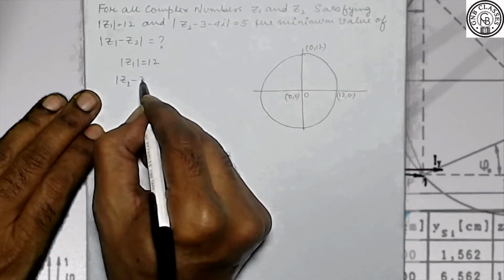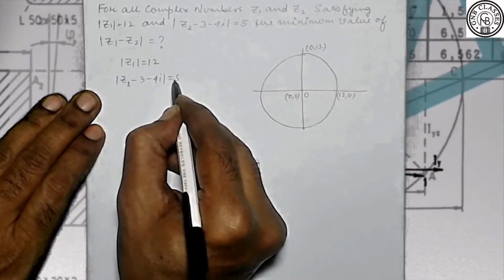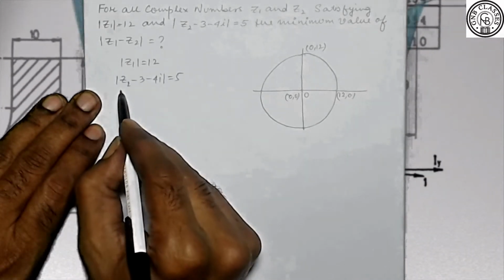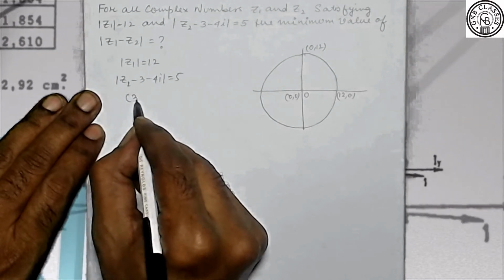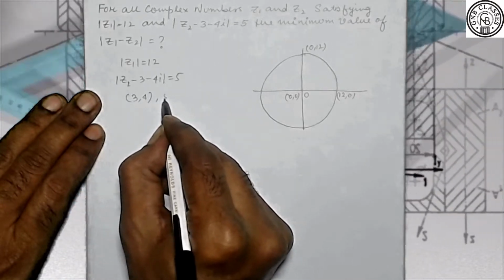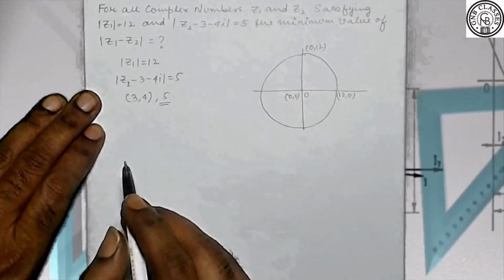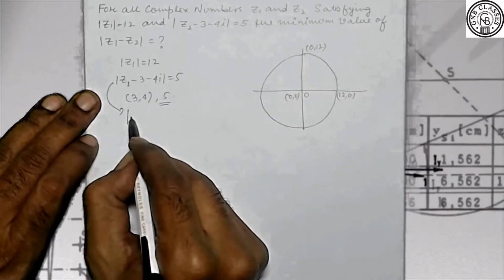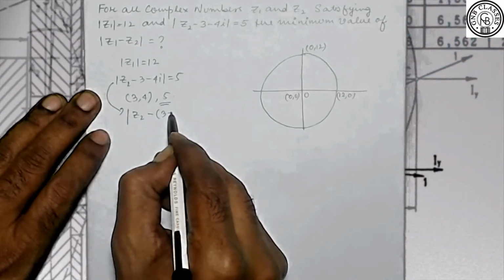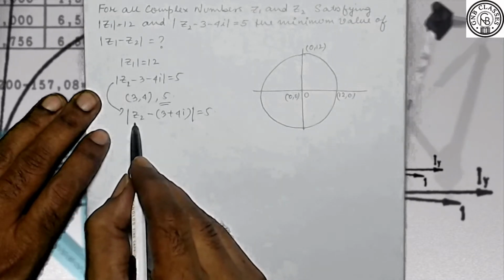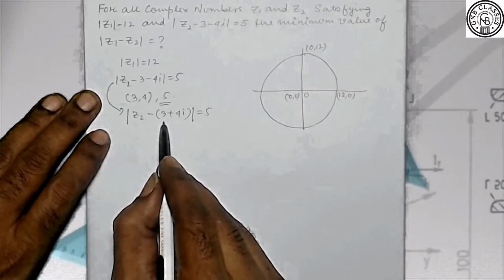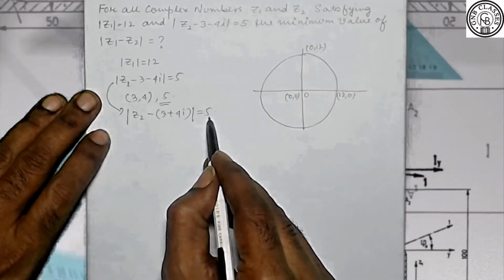Mod of z2 minus 3 minus 4 iota is 5. z2 is lying on the circumference of the circle whose center is at 3, 4 and radius is 5 units. Am I correct? Because from here you can write this as mod of z2 minus (3 plus 4 iota) equals 5. Therefore, z2 is lying on a circle whose center is at 3, 4 and radius is 5 units.